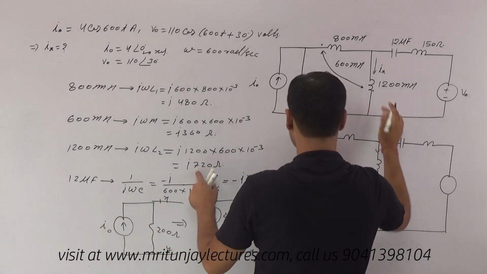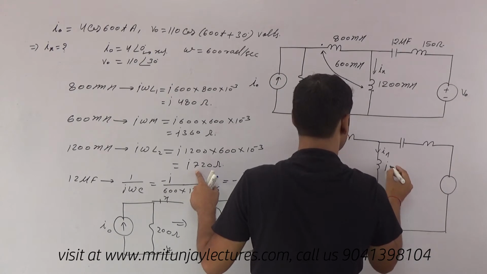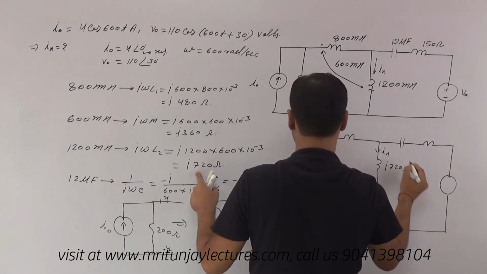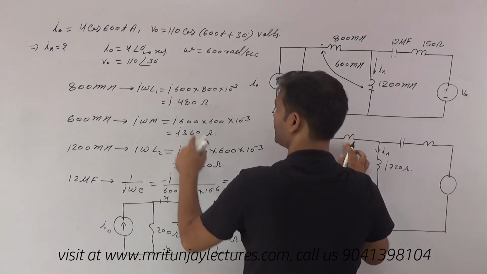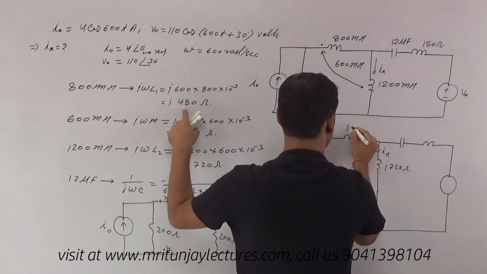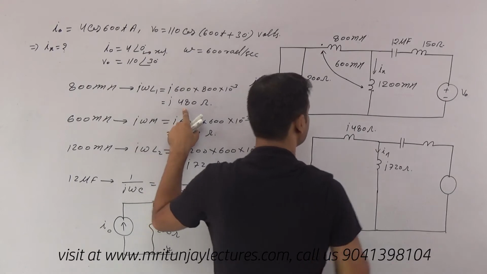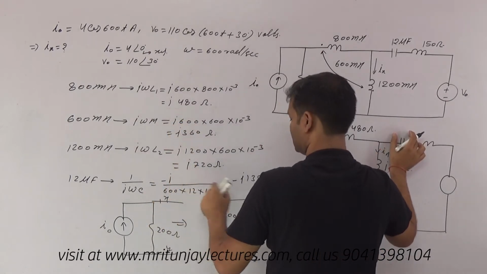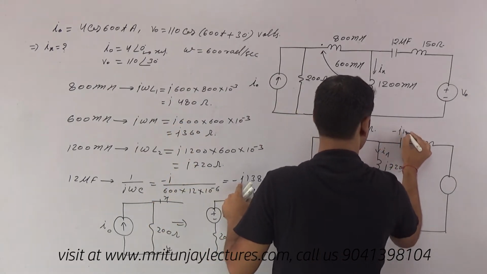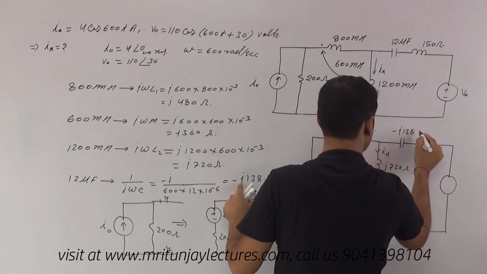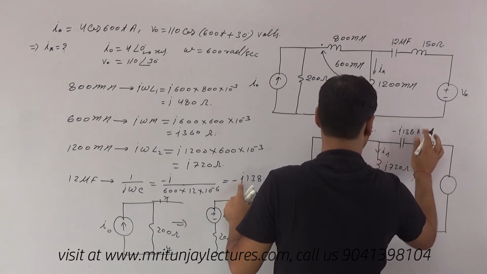Here now is Ix, corresponding to 1200, that is j720 ohm. Corresponding to here, that is j480 ohm. Corresponding to here, minus j138.88 ohm.